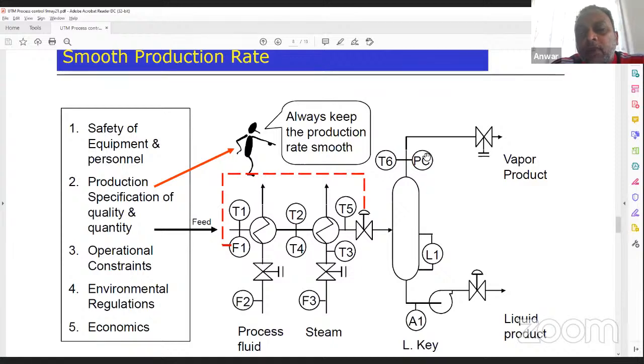You will not be able to utilize the plant capacity. The utilization rate of the plant will be lower.